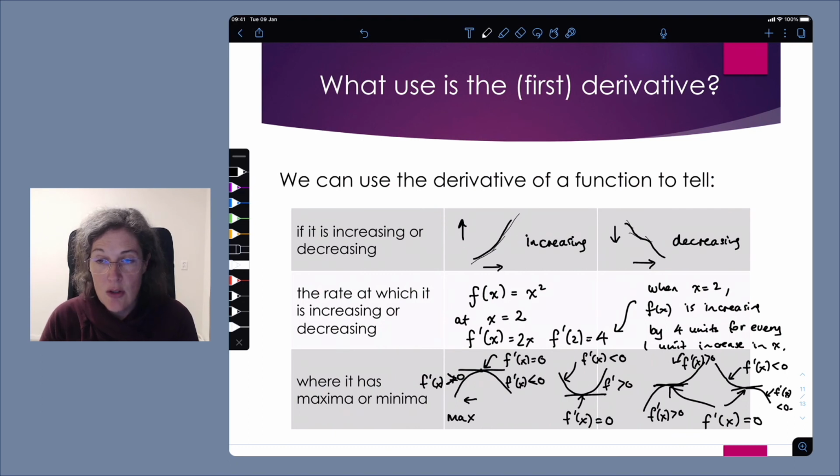So we can use these criteria to find out where our functions have maxima and minima. And that's pretty important because you're going to want to know the maximum size that something could reach, or the highest point that a ball flies as you toss it up, things like that. So there's a lot going on with the first derivative. But that's not all.